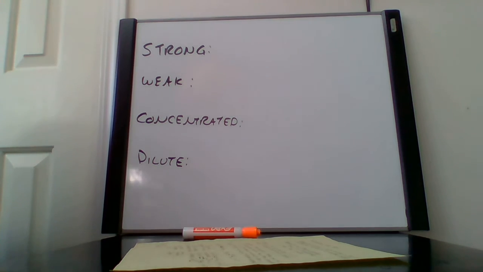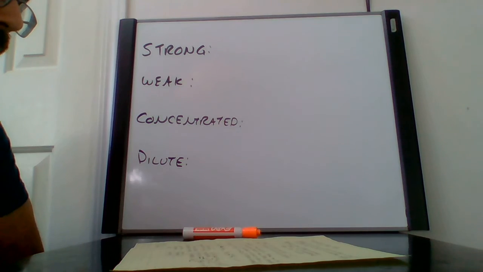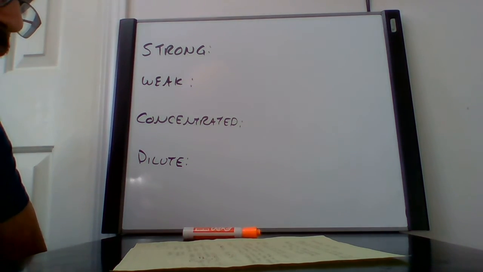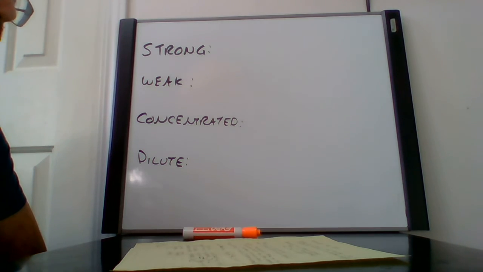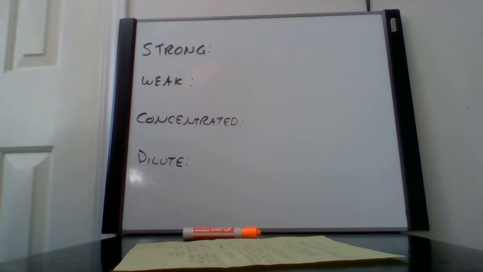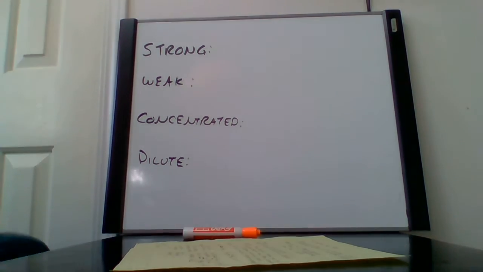Next up, we want to talk about the comparisons between strong and weak acids and bases. We've got to be careful here. Strong acids and bases are 100% ionized in solution. Anything less than 100% is considered weak. We usually talk about strong and concentrated, and weak and dilute together, but there are very big differences between those.